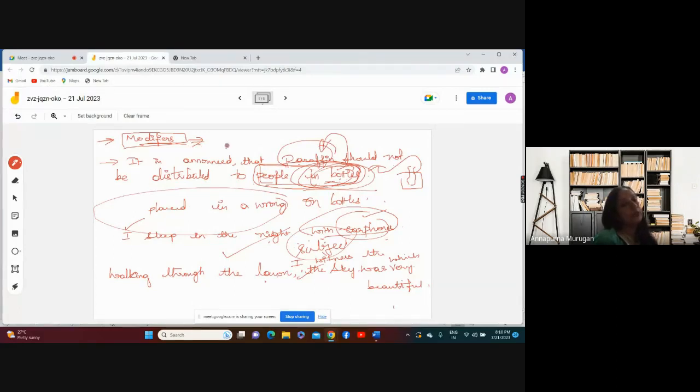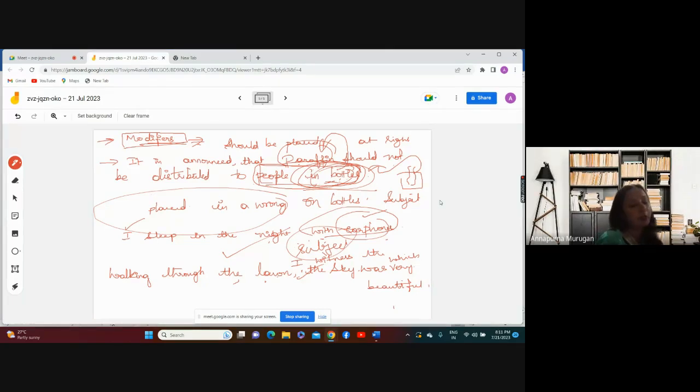These describers should be placed at the right place, and also every describer should have a subject. Remember that. That is what you will be studying in modifiers.